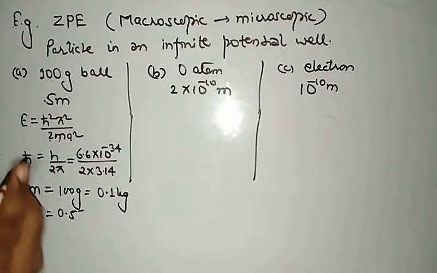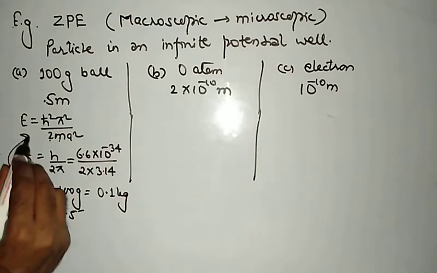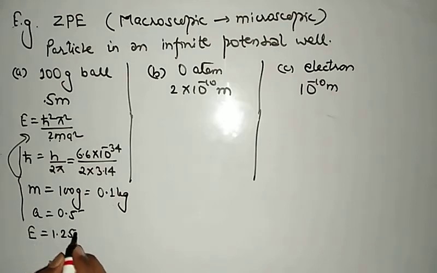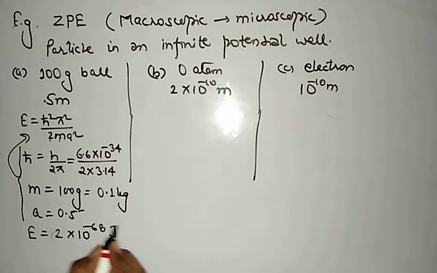So by putting these values in this equation, we get a zero point energy of 1.25 into 10 power minus 68 joule, and we will convert by dividing by 1.6 into 10 power minus 19.